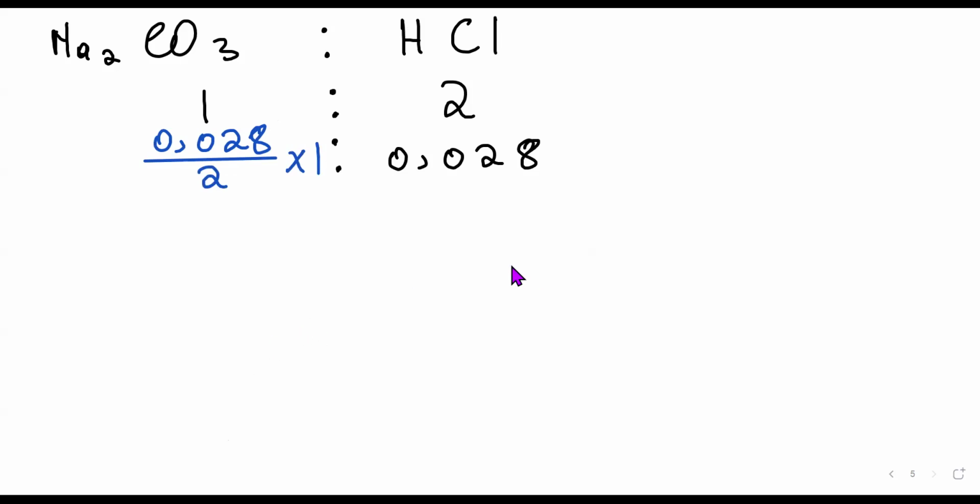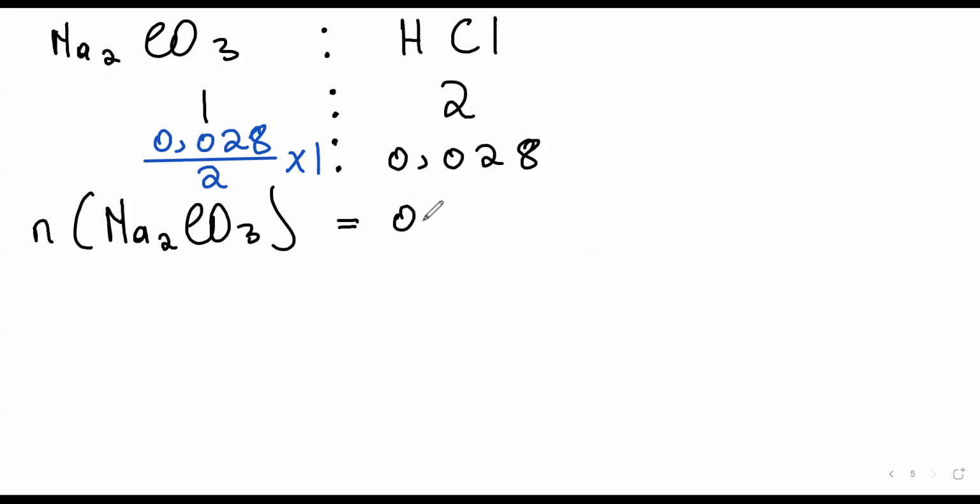It was just helping us to determine the limiting reagent, but it's not really produced. So if we go to our nice calculators and say 0.028 divided by 2 times 1, we find that the number of moles of sodium carbonate will actually be 0.014 moles.